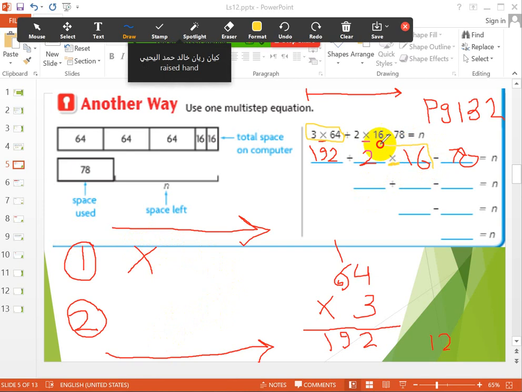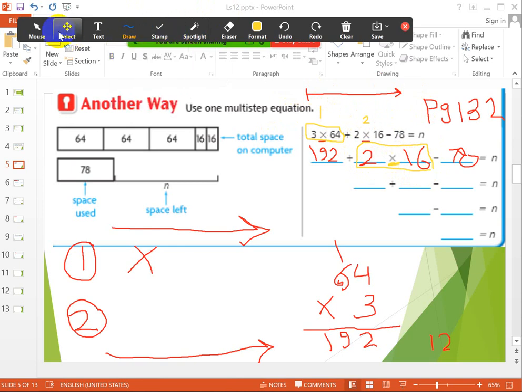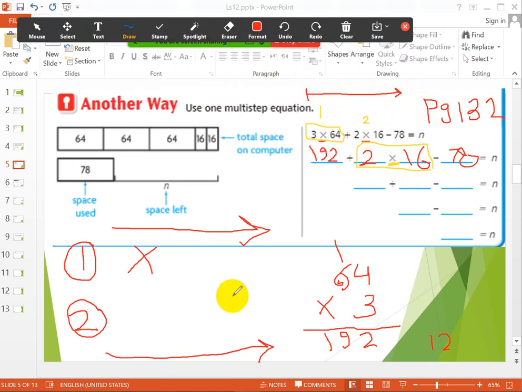So I have to continue the multiplication from the left side to the right side. We will start with this multiplication, then with this one. 2 multiply 16. Let's find the answer.